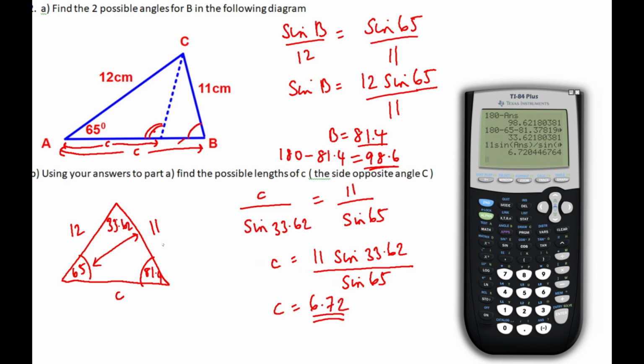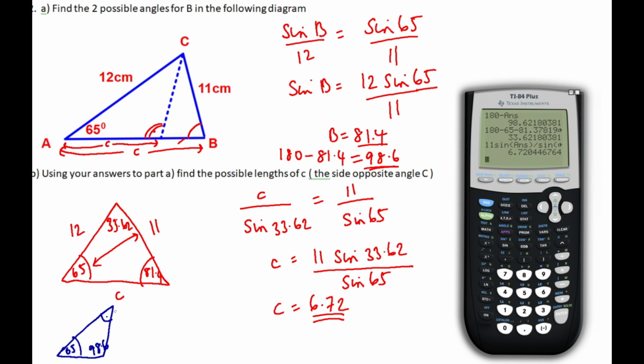And of course then I would have to do the same for the other triangle. So let's do that in blue. Now the other triangle obviously looks more like this. And again, 65, but this time, this one was the 98.61. So I need this angle at the top.